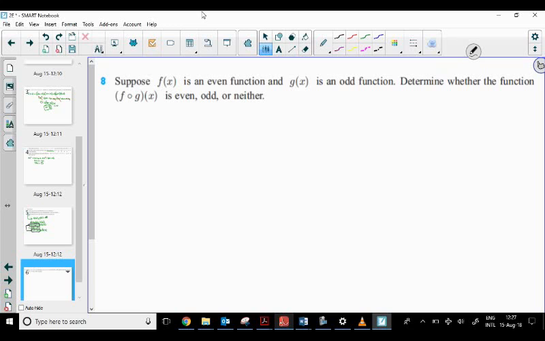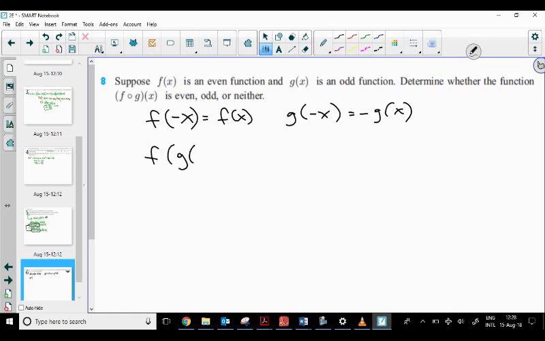Well, let's approach this the same way. So f is even, and I like just writing out the rule for every function that I'm working with so that I can use it appropriately. So f is an even function, and g is an odd function. And I want to know f of g. So the question is, what happens when I put in, instead of f of g of x, what happens when I put in f of g of negative x?